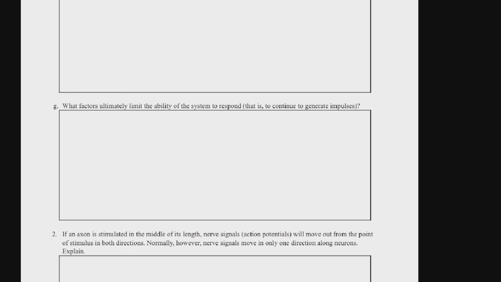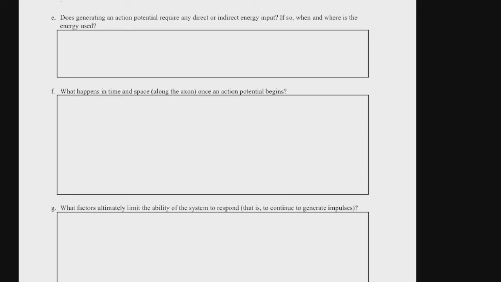Does generating an action potential require any direct or indirect energy input? If so, when and where is the energy used?